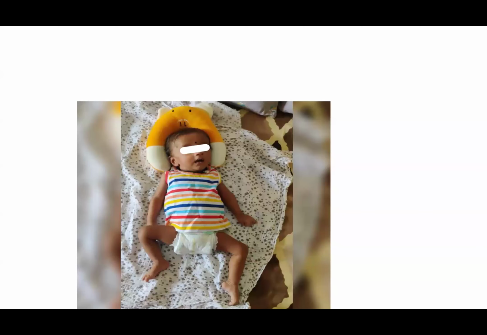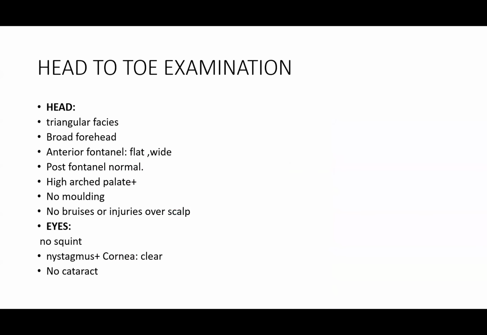When coming to head to toe examination, there was a triangular face with broad forehead, and the anterior fontanelle was flat and wide. There was high arch palate, and there was no molding and no bruises or injuries over the scalp. In eyes, nystagmus was seen, cornea was clear, and no cataract was present.